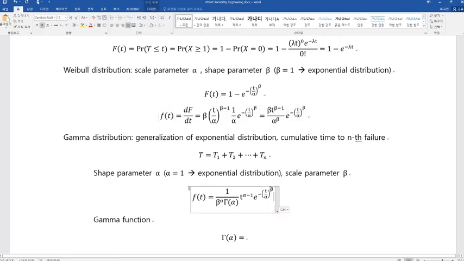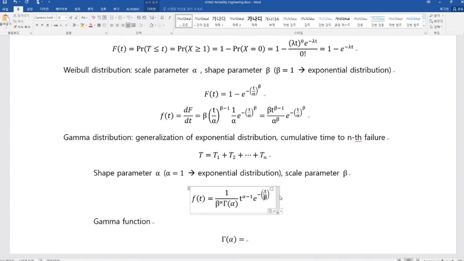As I told you, because beta is a scale parameter, beta will be placed under the t.